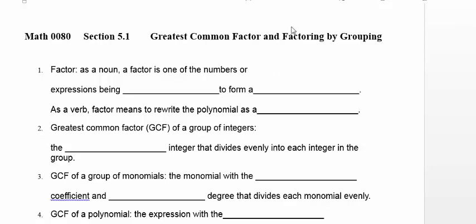Factor as a noun: a factor is one of the numbers or expressions being multiplied to form a product. So when we use the word factor as a noun, that's what we mean.